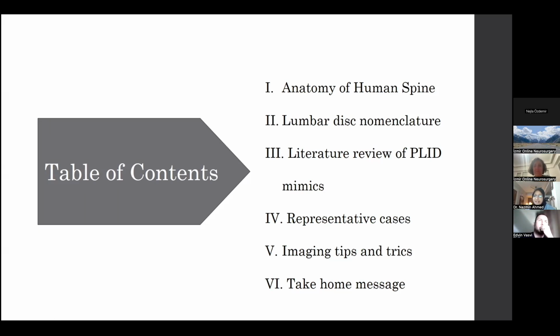Lastly, I will put some imaging tips and tricks for young neurosurgeons so that they can easily diagnose the typical prolapsed lumbar intervertebral disc and differentiate it from its mimics. And finally, there will be take-home messages for all.